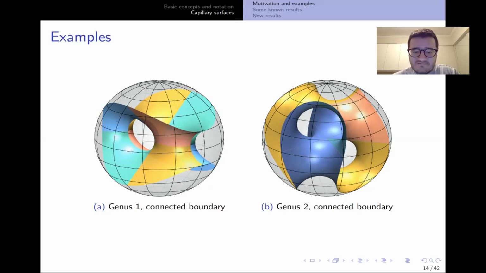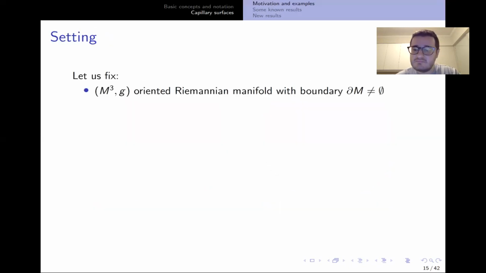So having these examples in mind, we can go through the proper definition of what a capillary surface is. And I like to use the variational properties to define what a capillary surface is. You will see in a moment. So let's fix a three-dimensional oriented Riemannian manifold with boundary.